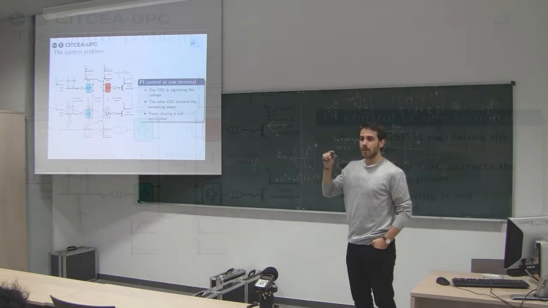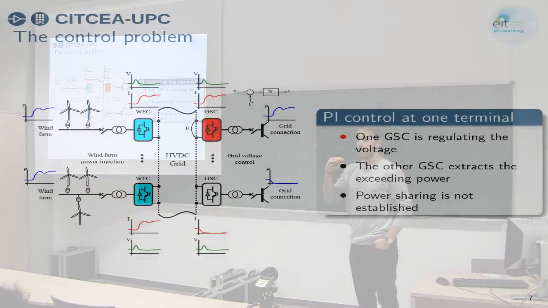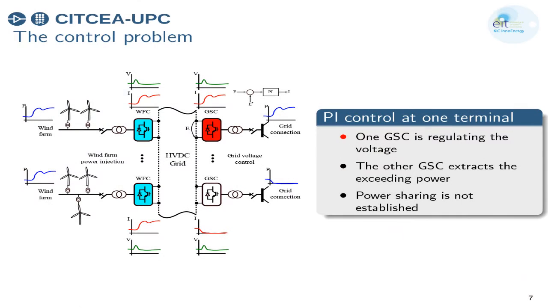This terminal is in charge of regulating the voltage, and it has, let's say, a PI controller tracking the reference voltage. If we say you have to maintain that voltage at 150 kilovolts, it will stick to that voltage. It won't move. There will be, for example, a transient, as you can see here. The voltage will go up.